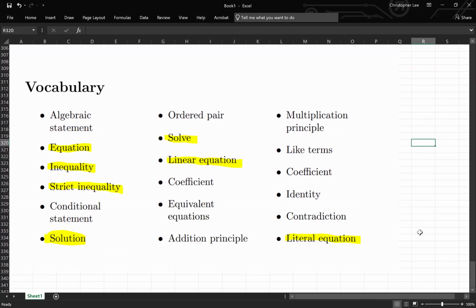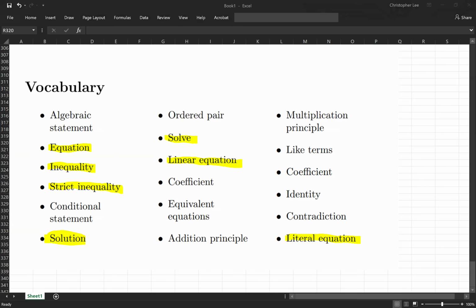You have algebraic statement, equation, inequality, strict inequality, condition statement, solution, ordered pair, solve, linear equation, coefficient, equivalent equations, addition principle, multiplication principle, like terms, coefficient, identity, contradiction, literal equation, right? So when we go home, what words are we Googling? These words. All right. There you go. Or don't write it down. It's being recorded. You'll have the recording afterwards. All right. Your choice.